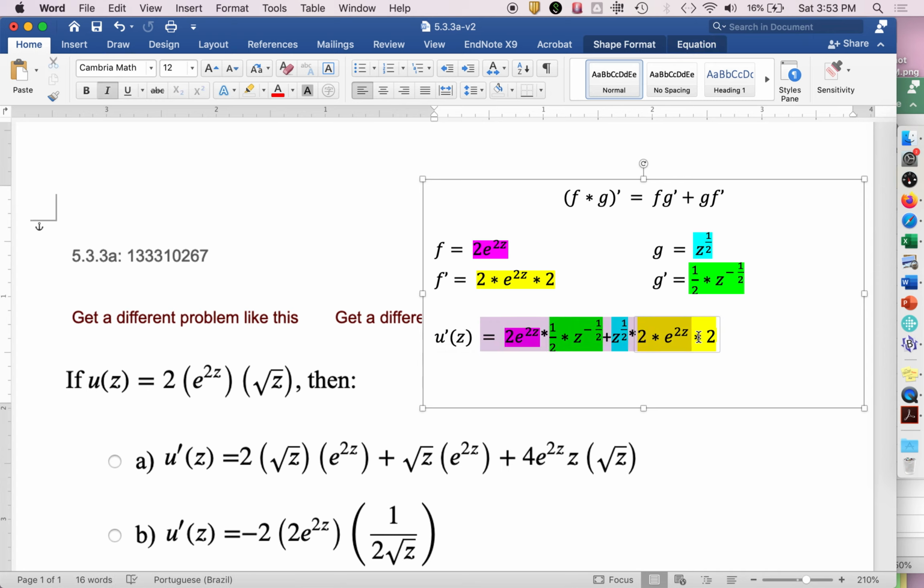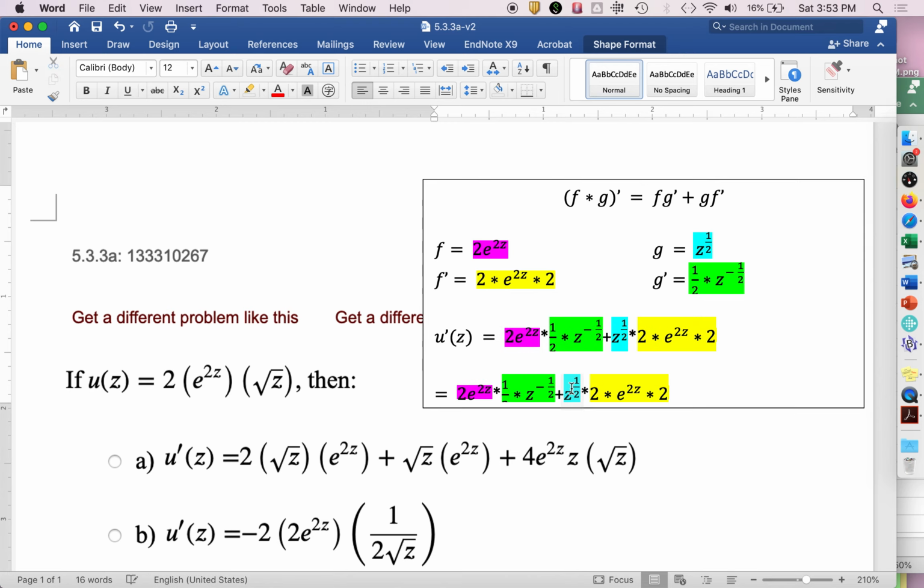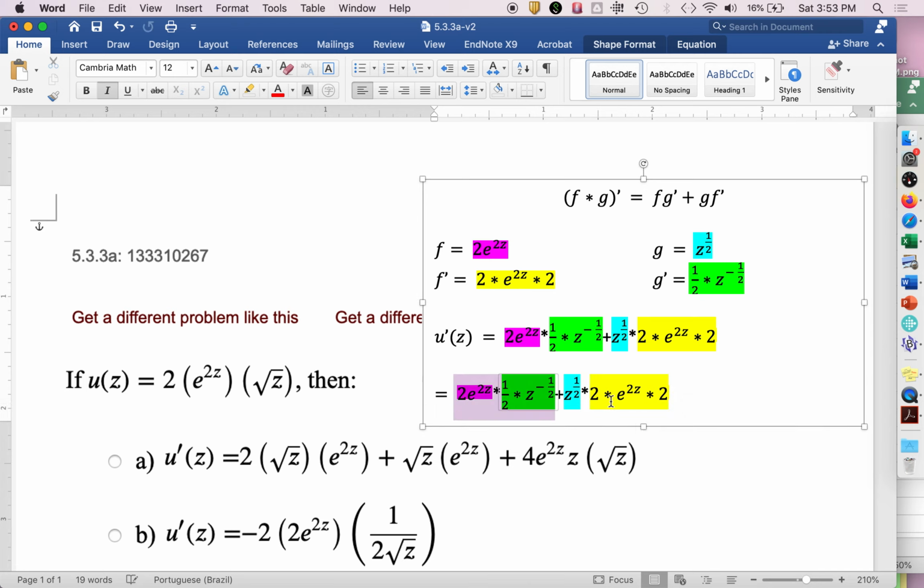Okay. Well, I do for sure see some things that can cancel or simplify. Right? Let me make it all the same color again. I see a 2 and a 1/2 right here. Those can cancel. So let me just take those away.